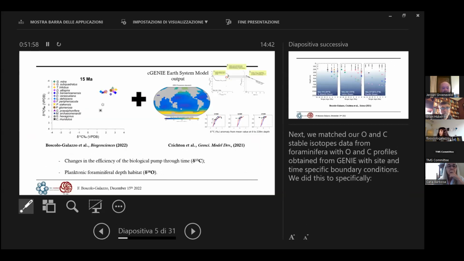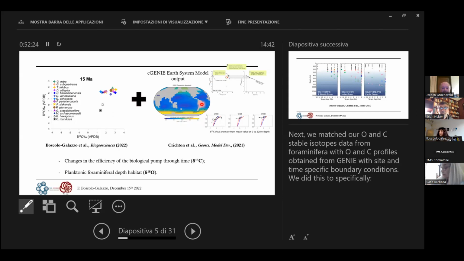Okay, so to answer your question, the depth habitat reconstruction for planktonic foraminifera is based on a combination of stable isotopes and the model. The model has different configurations depending on the age, and therefore different boundary conditions as well. And it does take into account background changes in ocean temperature.